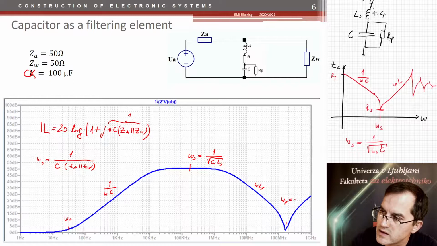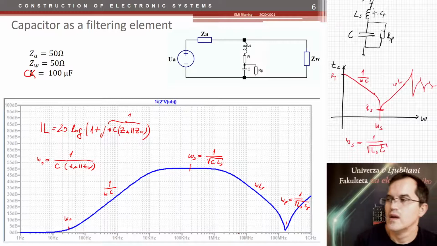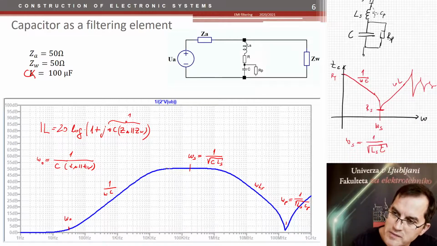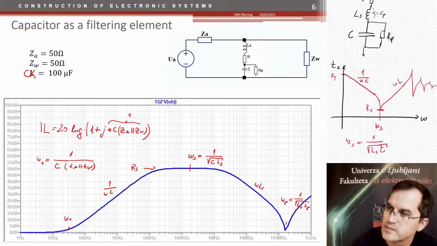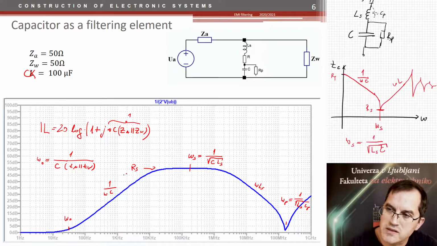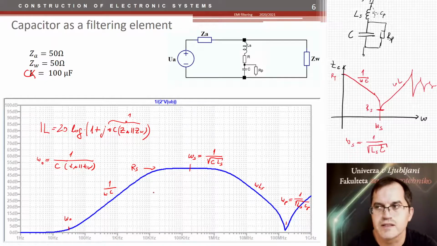So it is defined by the 1 over square root of LS CP and so on. So the capacitor is a capacitor until here. Okay, the value here is defined by the RS, and that's more or less it. So our capacitor is now limiting the attenuation factor at high frequencies.